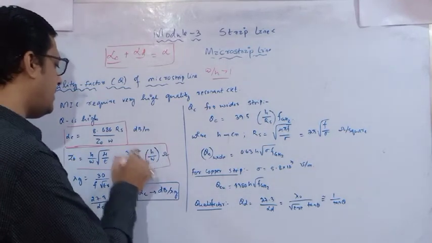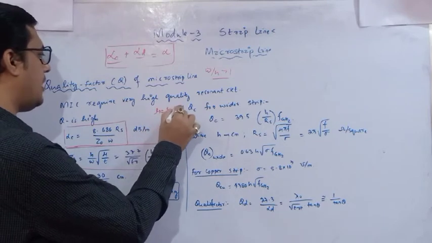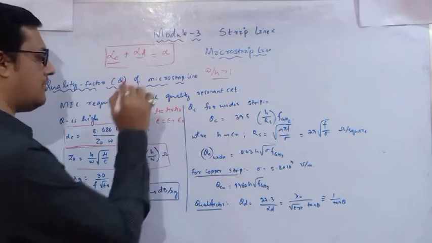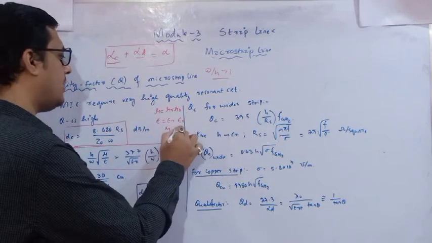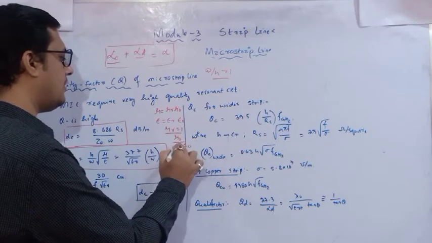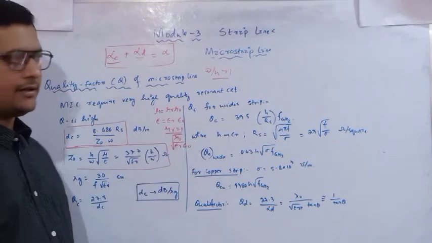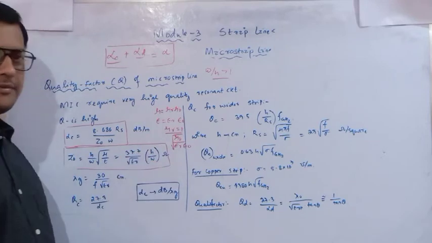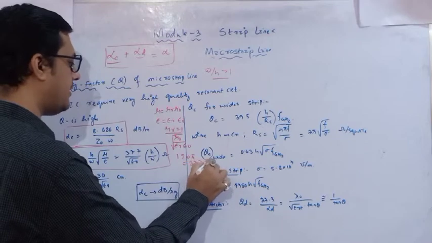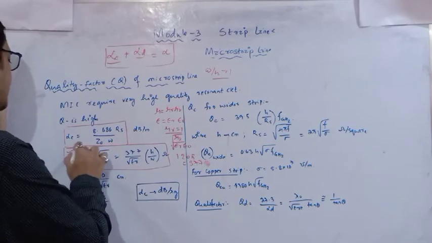So it is 377 divided by root over of epsilon r, multiplied by H by W. So this is my characteristic impedance.